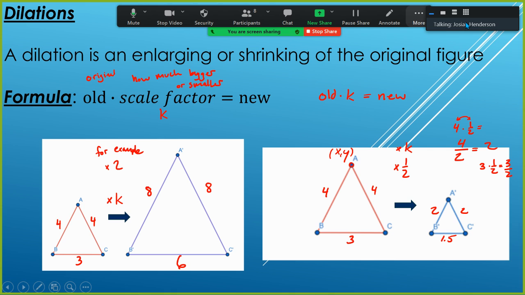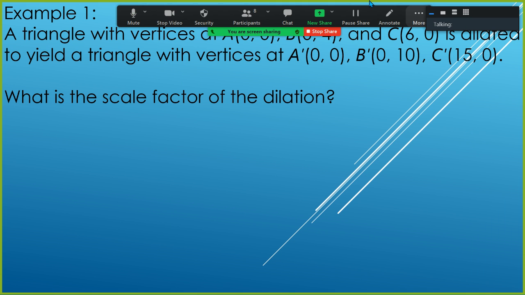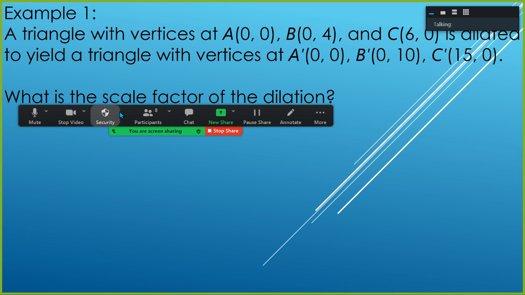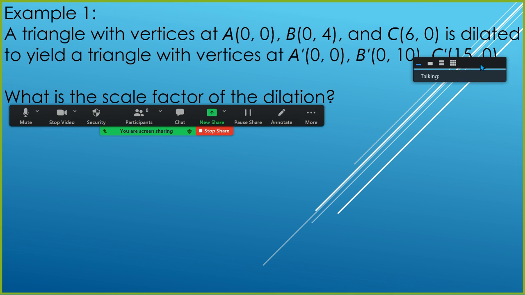So I just did a brief review on what we've done before with dilations and scale factor. Now we're going to look at the actual coordinates or points of these figures. Okay, I took this from Edmentum as a practice question.